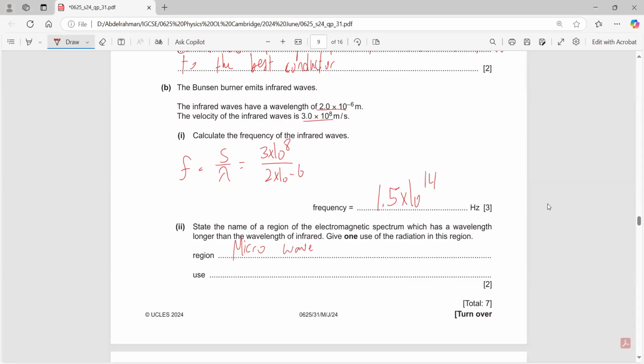Microwaves and radio waves have a longer wavelength and much lower frequency, while gamma rays have a much larger frequency. The use would be in satellite transmission.